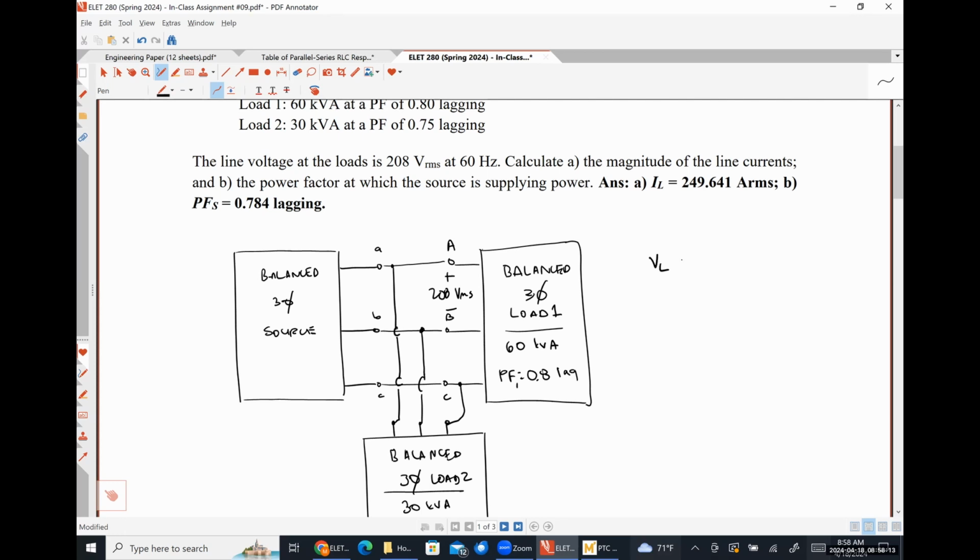So we just got told that VL is 208. And we're trying to find what IL is in part A, and the power factor of the source for part B.